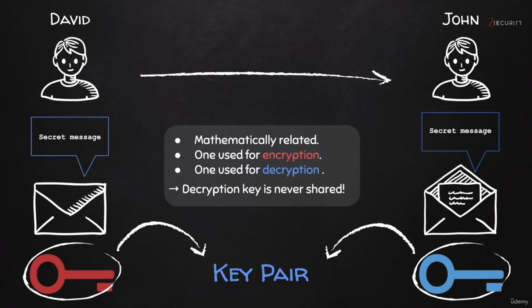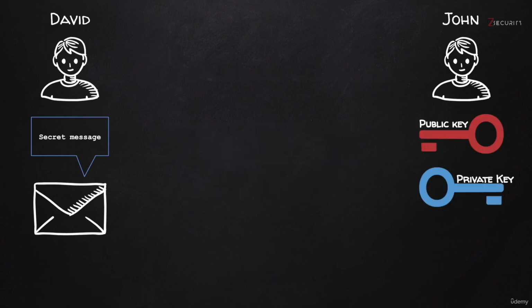Now you're thinking, if the decryption key is never shared, how is this going to work? Well, let's go back and have a closer look at how this is going to work. So again, David wants to send a message to John. The content of the message is secret message. But before sending this message and before encrypting it, John is going to create a key pair, a public key and a private key.